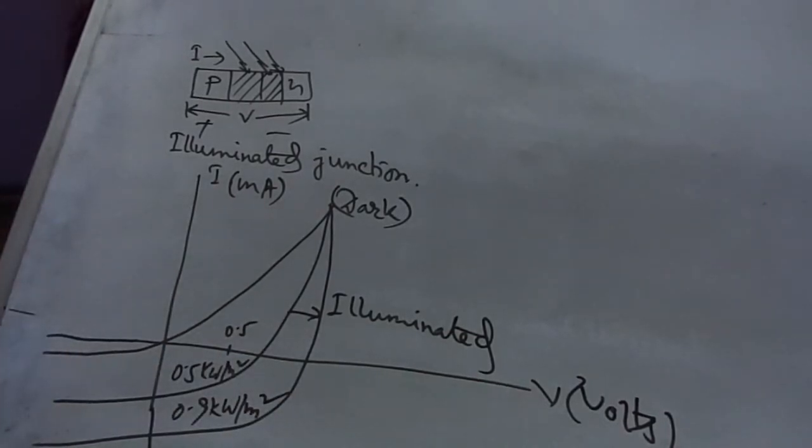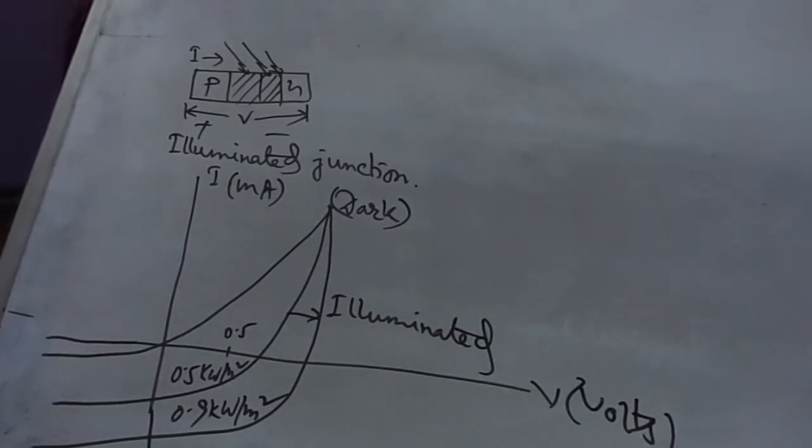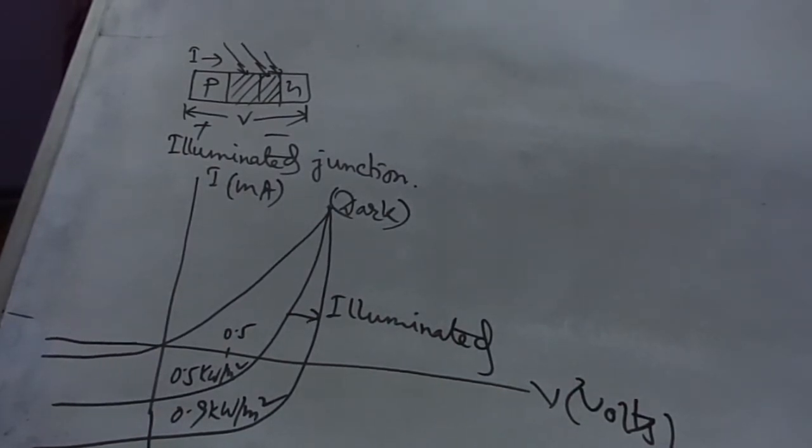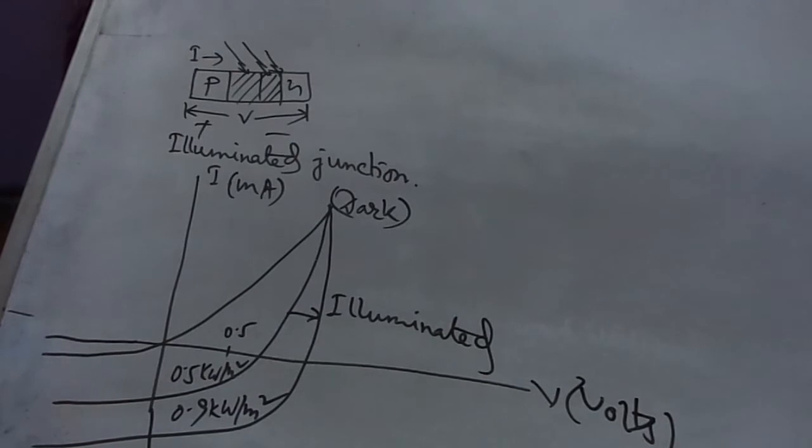When the PN junction is illuminated, the characteristics get modified in shape and shift downwards as the photon generated component is added with reverse leakage current, as shown in the diagram.